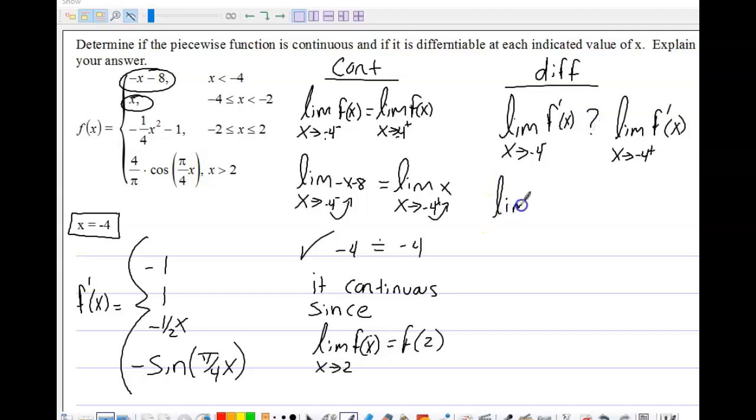So if I'm approaching -4 from the left, then I would be using this top piece down here. And if I'm approaching -4 from the right, we would be using the next piece here. Since these are just numbers, there's nowhere to plug the x in. That's what the limits are. And those are not equal to each other. And so it's not differentiable.